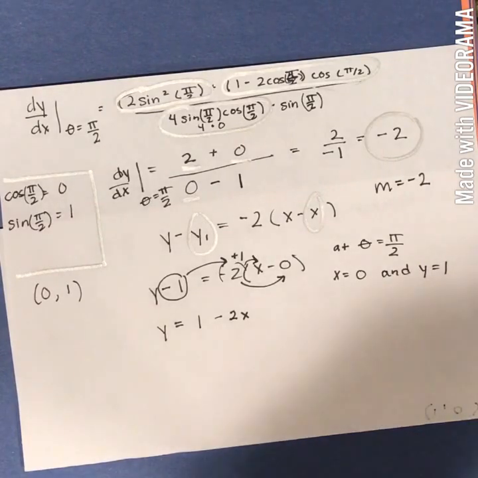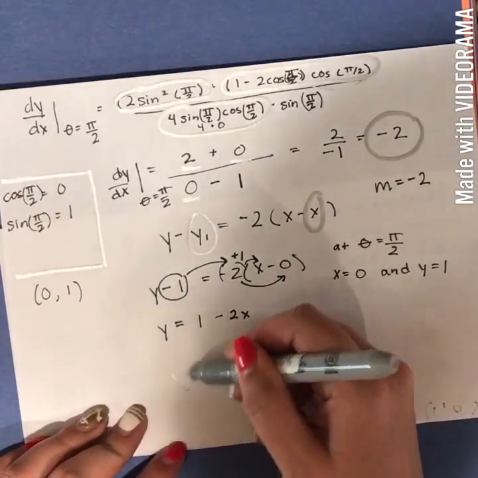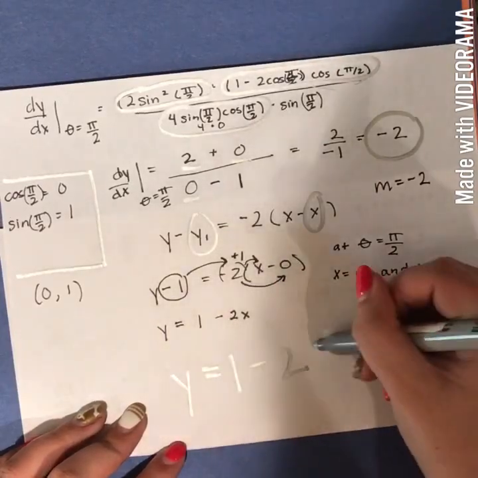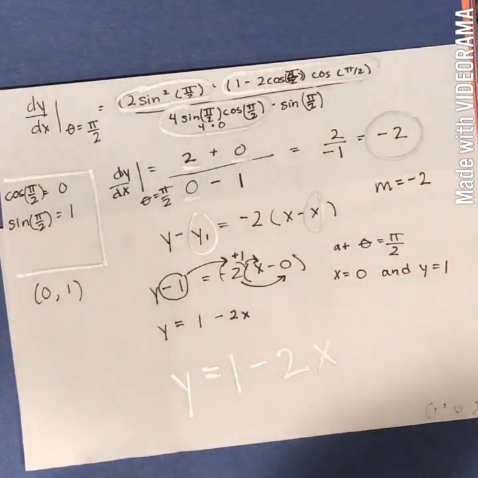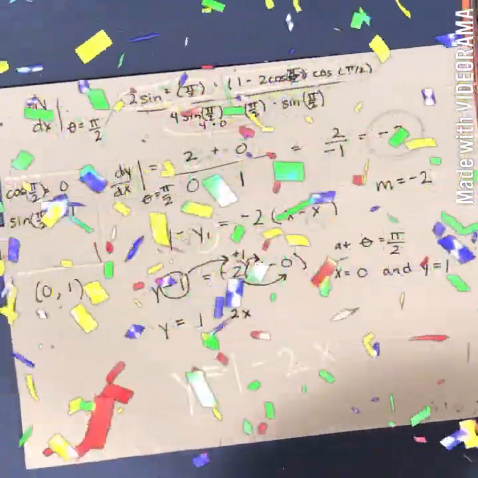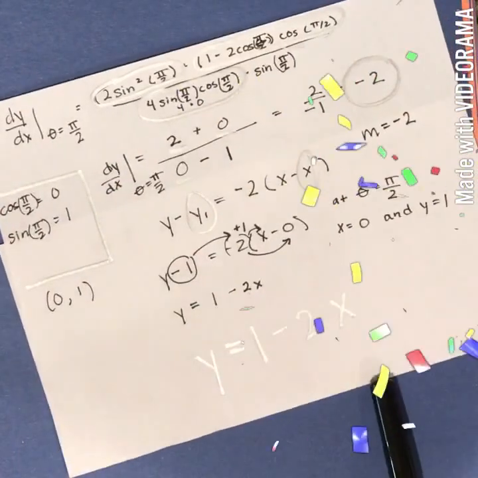Okay, and then our big whopper, y equals, and this is just my final answer, I feel like writing it better, looks like that. So that's our answer, y equals 1 minus 2x, and that is your linear function that they want.